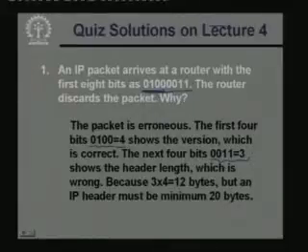So, the total header size will be 3 into 4 or 12 bytes, but this is an invalid number, because you know that an IP header must be minimum 20 bytes, which means that the second field cannot be 3, it must be at least 5 or more. So, due to this invalid value of the header length field, this IP packet will be discarded.